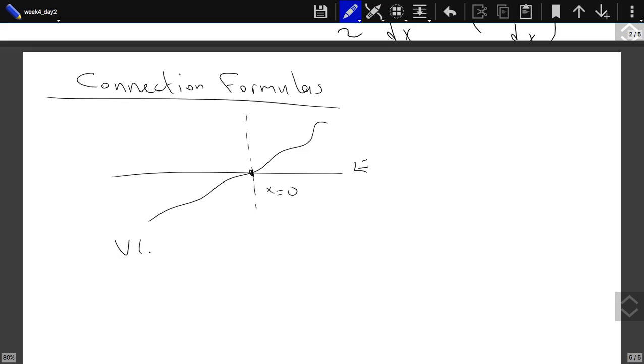Now the potential close to this turning point will be just its value at the turning point plus its derivative at the turning point multiplied by x. Close to the turning point, this is the approximate potential.